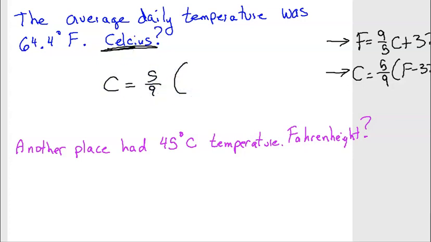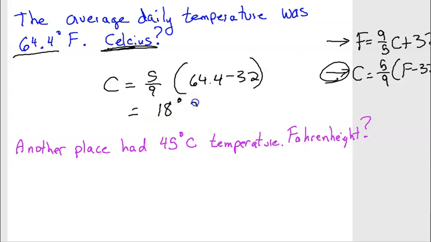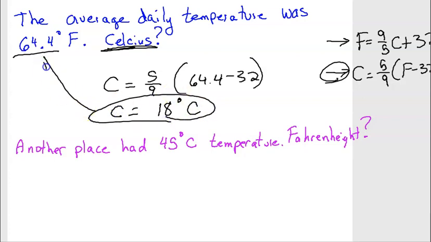And then the Fahrenheit is 64.4. So we're using this formula right here. So 64.4 minus 32. And then you're just going to plug that into the calculator to get 18 degrees Celsius. So 18 degrees Celsius is the same as 64.4 degrees Fahrenheit.